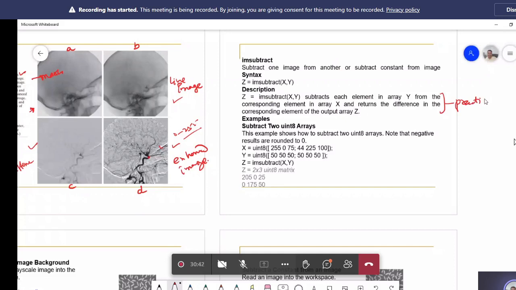It means subtract each element in the array y from the corresponding element in the array x, and it returns the difference in the corresponding element of the output array z. Okay, so this is the way. Again, this is another example. I have created this x, this y, and apply this function z, then we will get some answer here.